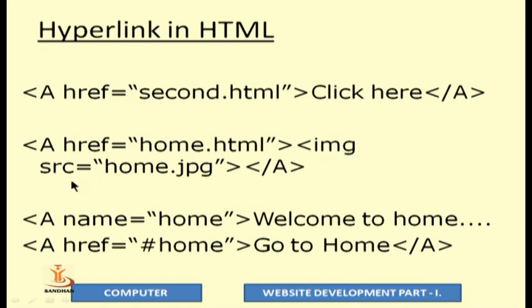So image src home.jpg is representing some image, and when users click on that particular image, it will move to the home.html portion. So you can click with text or image, you can send users from one page to another page. This is called linking. Linking is possible through hypertext linking, that is called hyperlink.